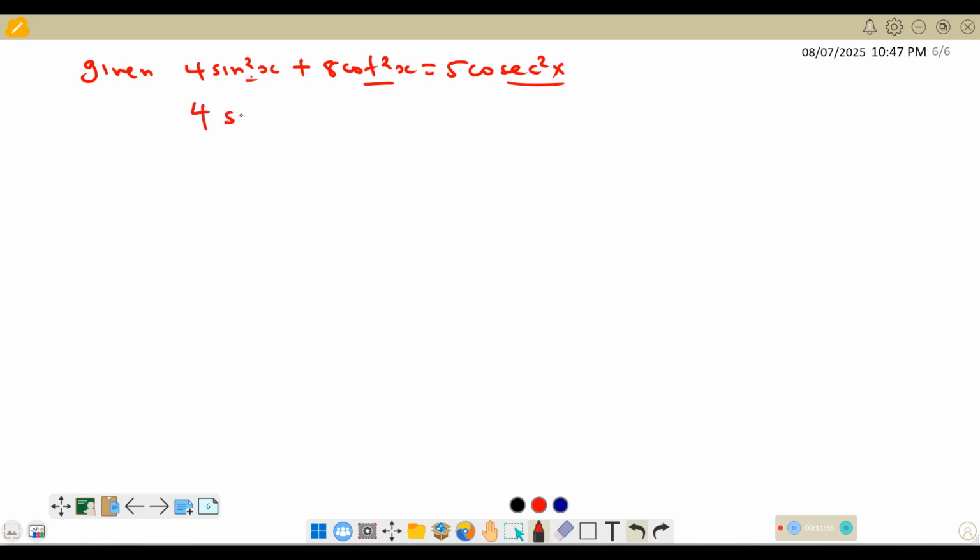So we can say this is same as 4 sine squared of x plus this one here can be written as cos squared of x divided by sine squared of x, which is equal to 5 cosec squared of x. So this cosec squared, let us write it in terms of 1 upon sine squared of x.